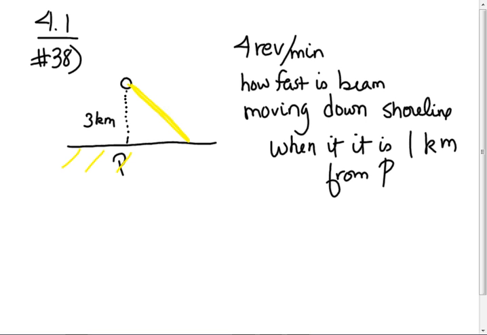Well, we need to do a find, given, and when, right? Okay, what is it I'm given? What's 4 revolutions per minute? Revolution is the change in the what? The angle. Now, the problem with that is I must be in radians.